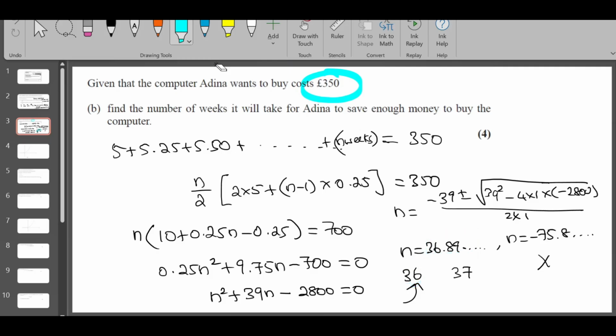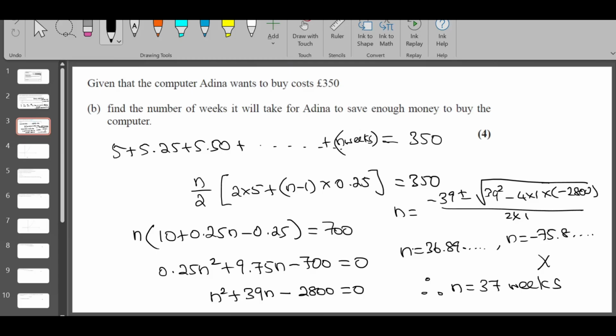So we can confidently say in the 37th week she will have this amount, not in the 36th week. You don't need to explain all this. You can simply write, therefore n is equal to 37 weeks. That's the final answer here.